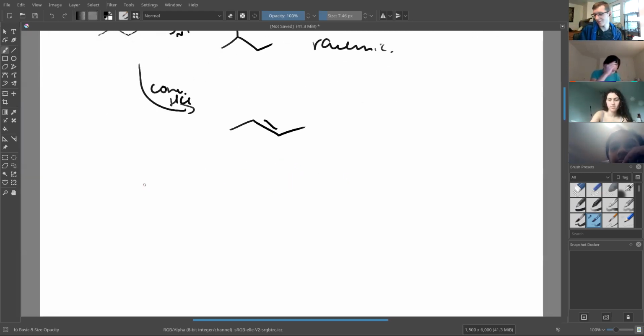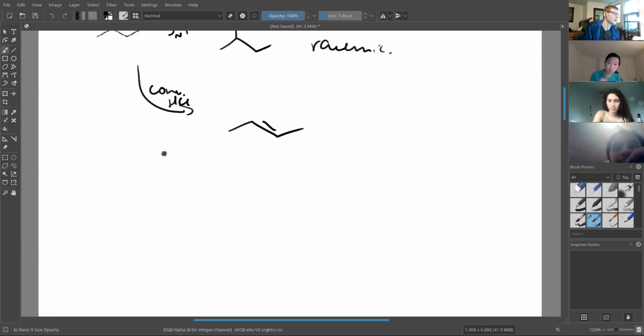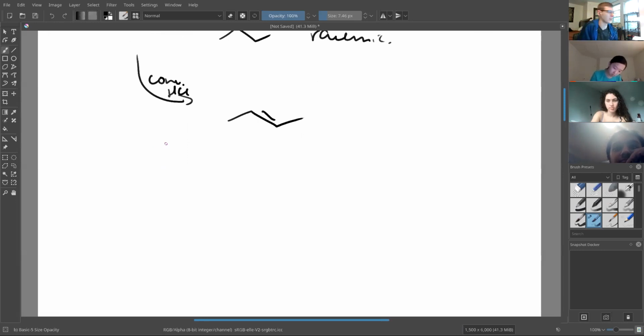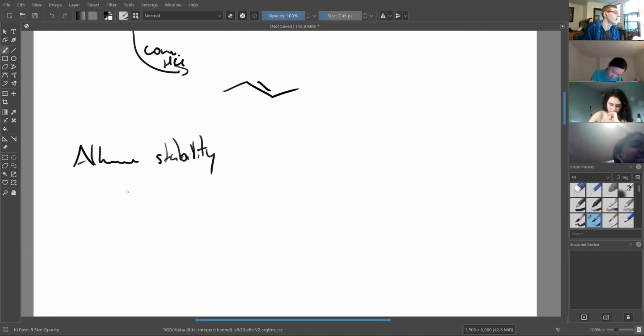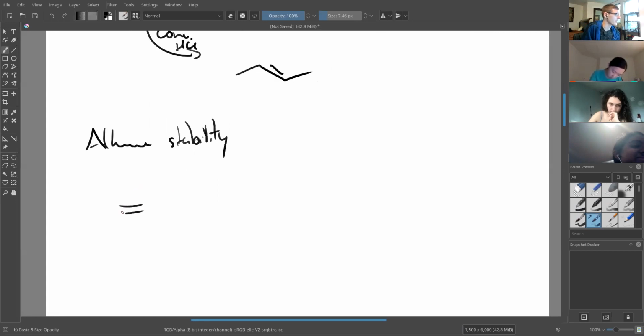So with E1, and I didn't mention this too much earlier, but it's just a note to make: you form whatever alkene is the most stable.